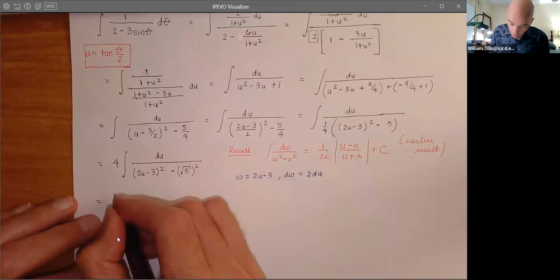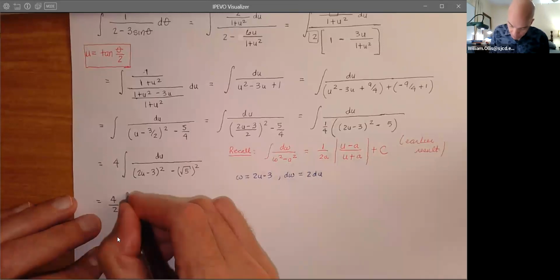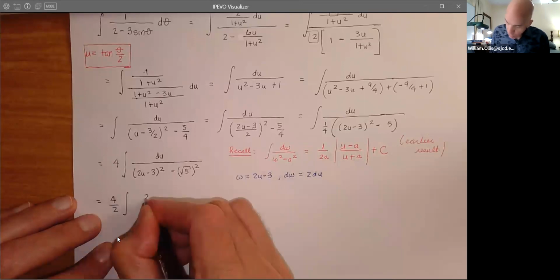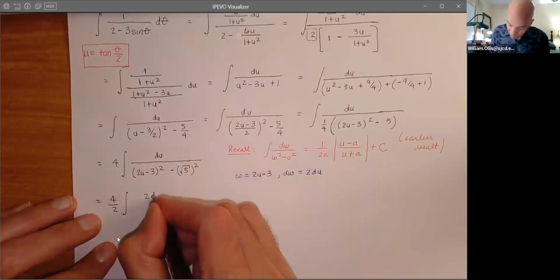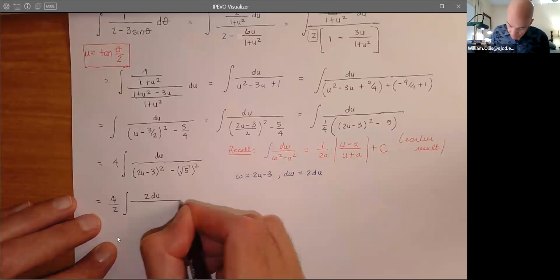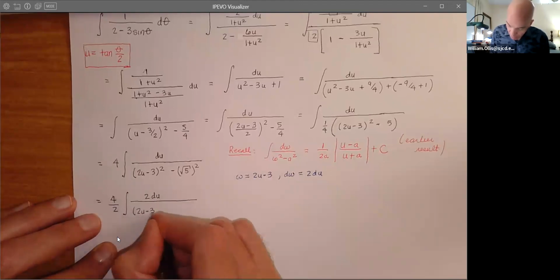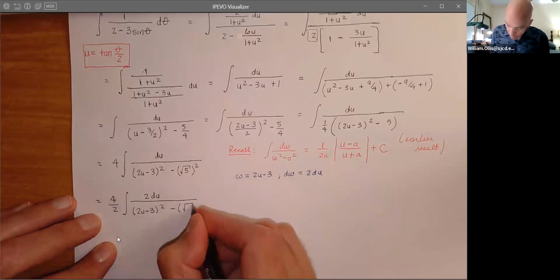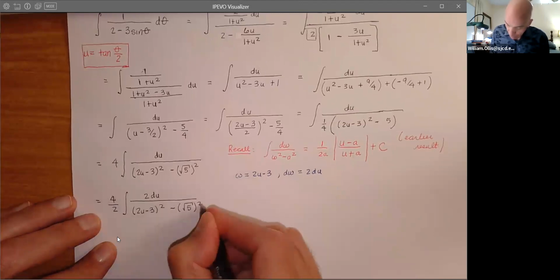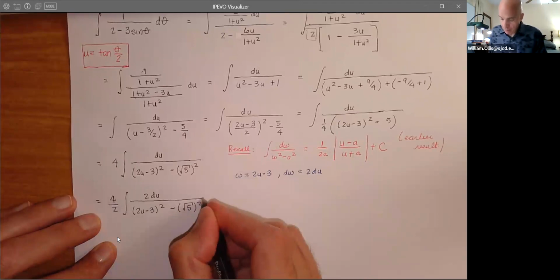So we need the 4/2 du, excuse me, 2u minus 3 quantity squared minus square root 5/2. Now, of course, we just get a 2 here.